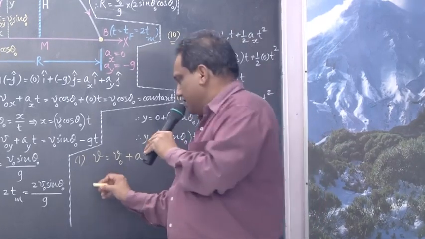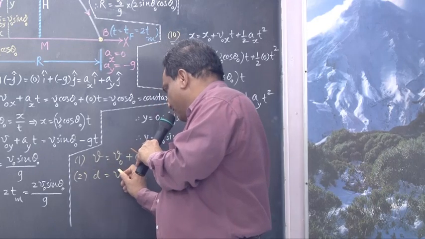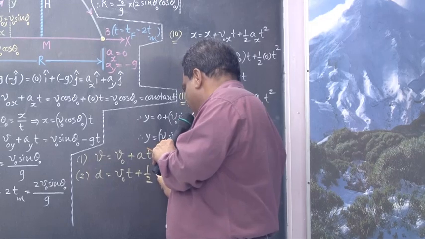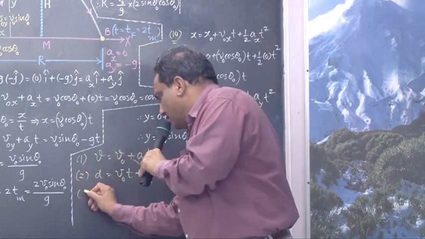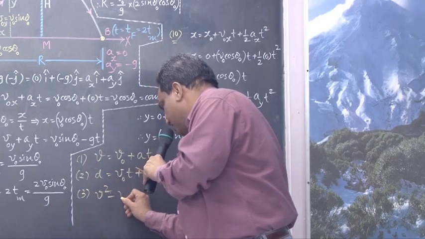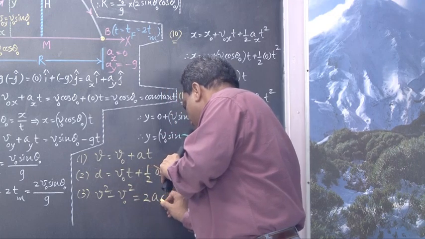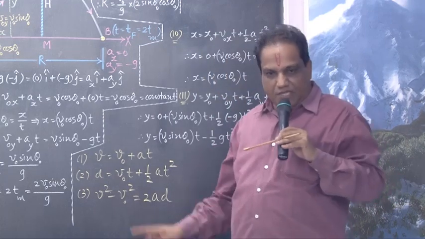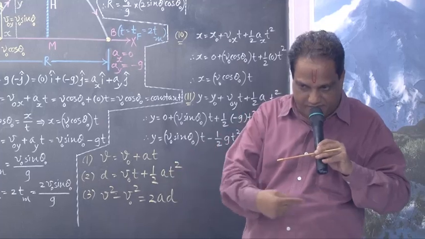Remember? Second was D equals V0T plus 1 by 2 AT square. Third equation was V square minus V0 square equals 2AD. Correct? These were the equations of motion along a straight line.